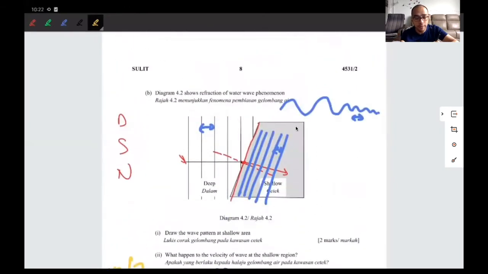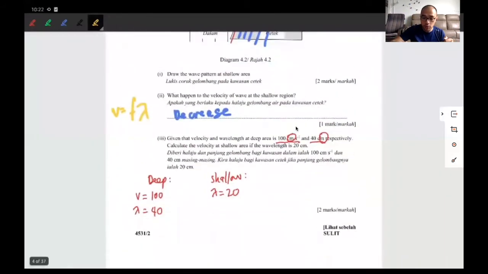In refraction, this is the important thing: when refraction happens, the frequency is the same, no matter where it is. Whether you're in the deep area or the shallow area, the frequency remains the same. So if you want to know the velocity at the shallow area, you have to calculate first the frequency in the deep area, because I don't have enough information in the shallow.